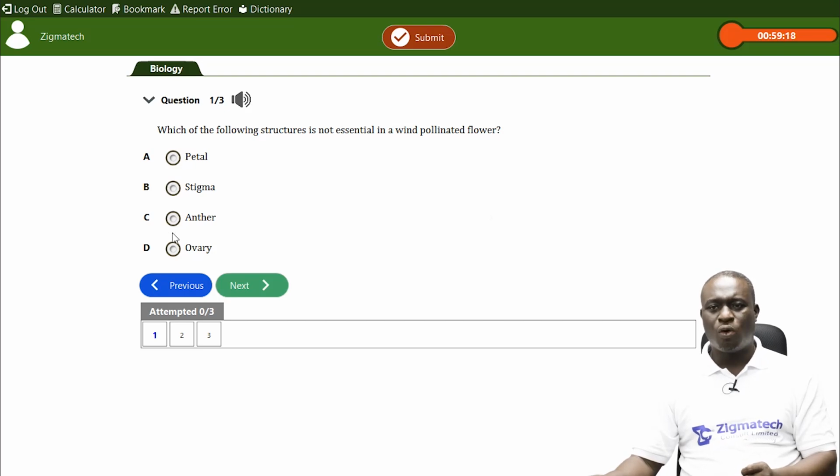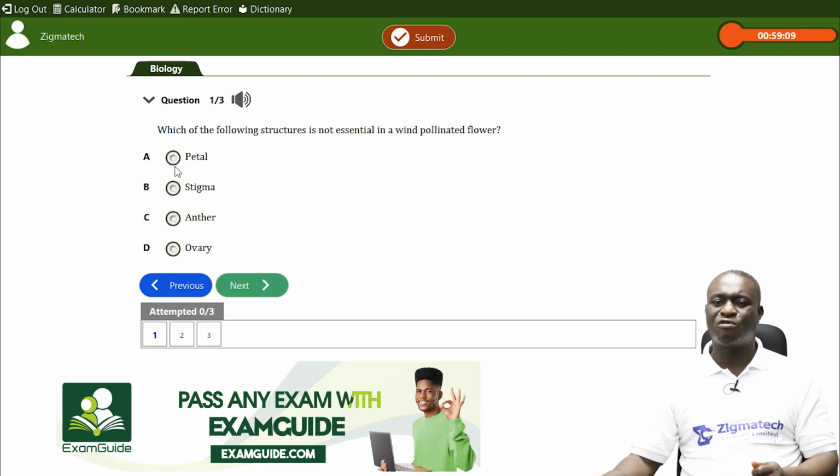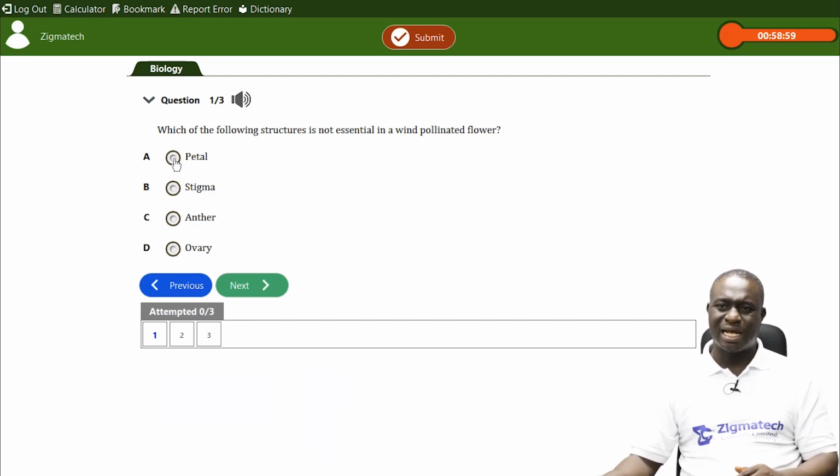Now, if you look at all of this, the one that is not essential in wind-pollinated flowers is the presence of petals. Petals have nothing to do with wind-pollinated flowers. If it is an insect-pollinated flower, yes, we can say it has a big effect on pollination. So the correct one that is not essential is the petals.